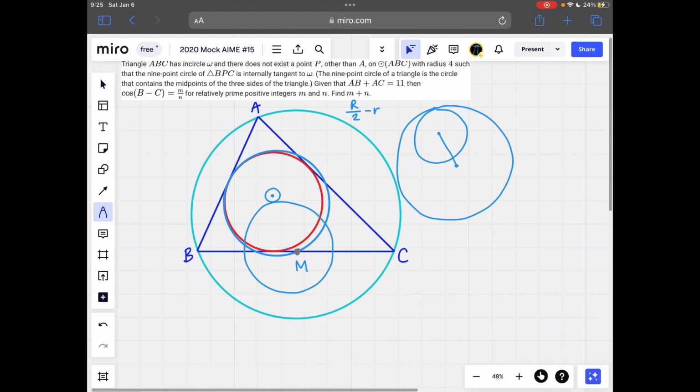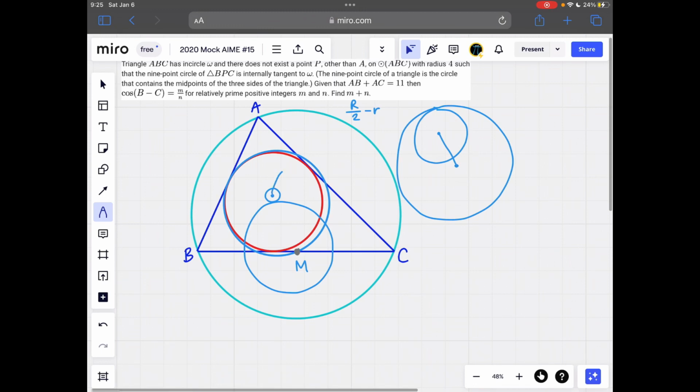Because if they intersect twice, then there'd be 2 points that satisfy all the conditions required for the two circles to be internally tangent. We don't want that. We only want 1 point, A. So these two loci only intersect once. In other words, they're externally tangent.